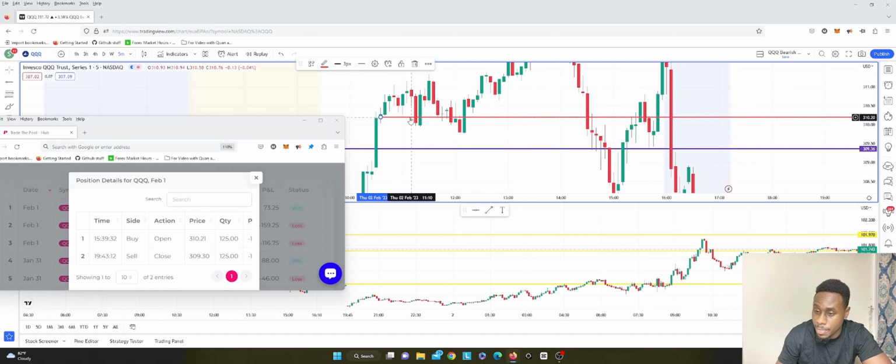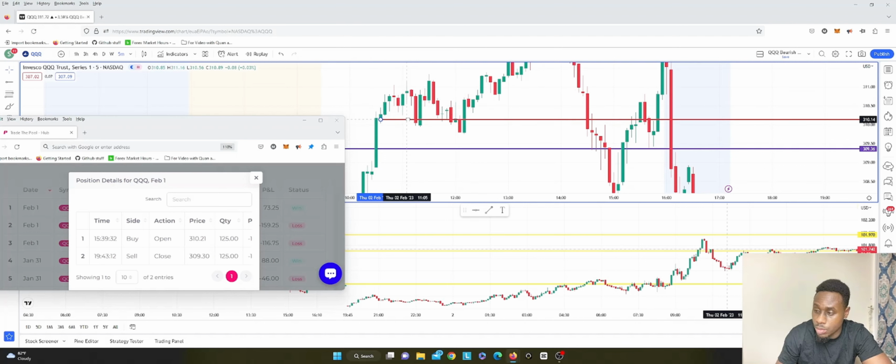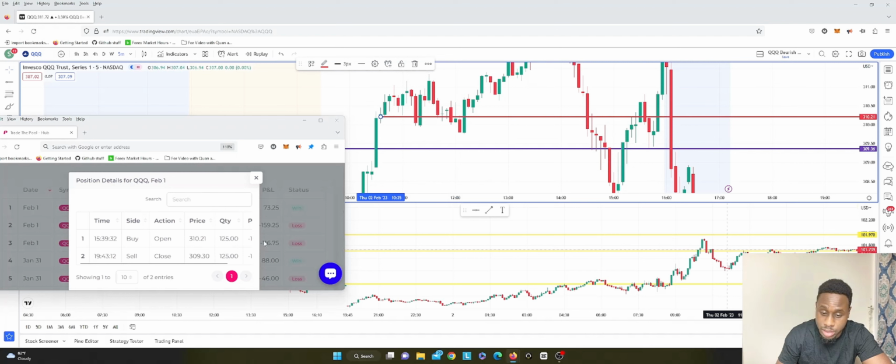So I entered here at 10:39 with 125 shares at 310, and I closed it on the 2:40 candle, because you're minus 5 from this. I got stopped out at 309.30.